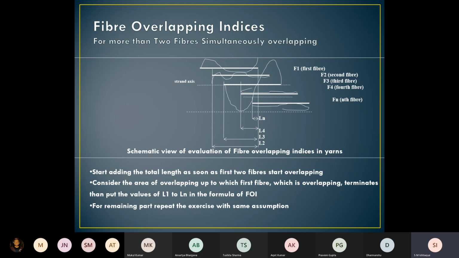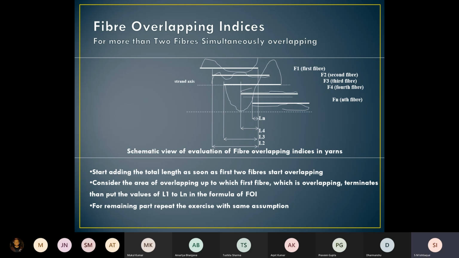Let's first talk about this. We start adding the total length as soon as the first 2 fibers start overlapping. So now what we are adding is this length: this is fiber 1 and this is my fiber 2. This is the length that we found in these two adjacent fibers 1 and 2.